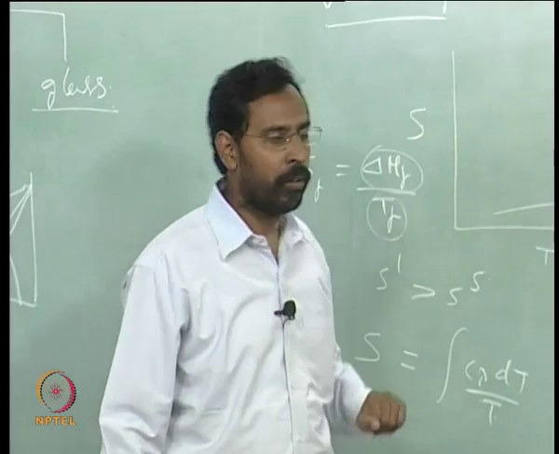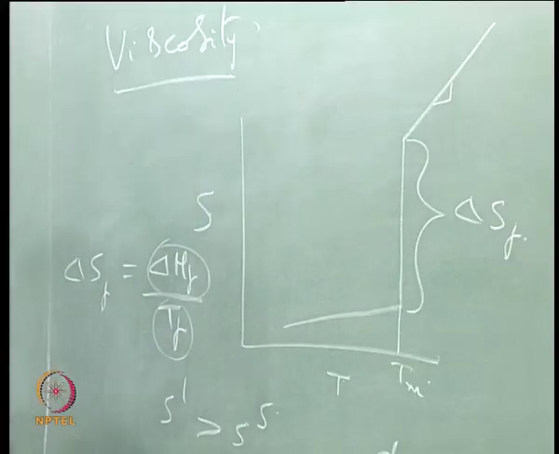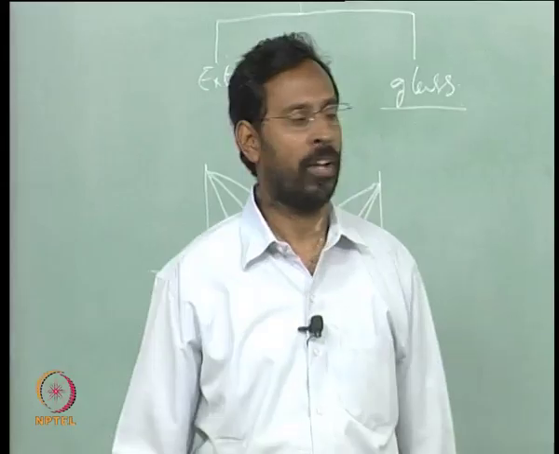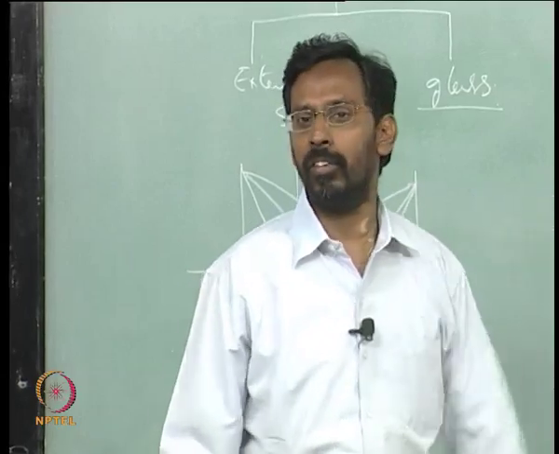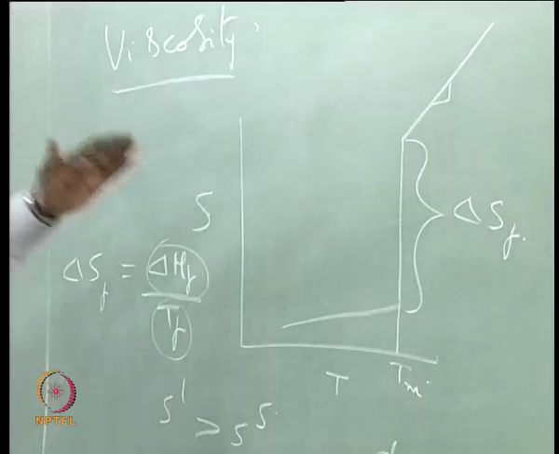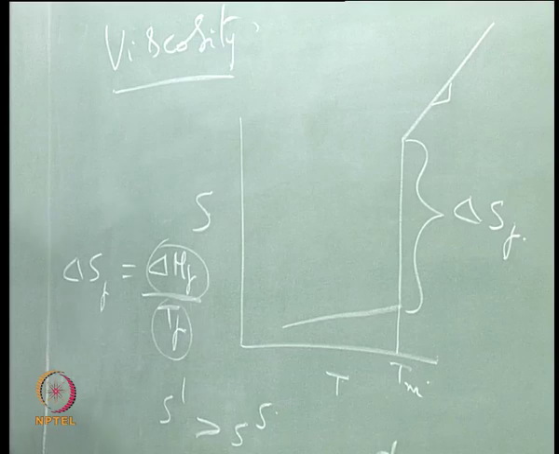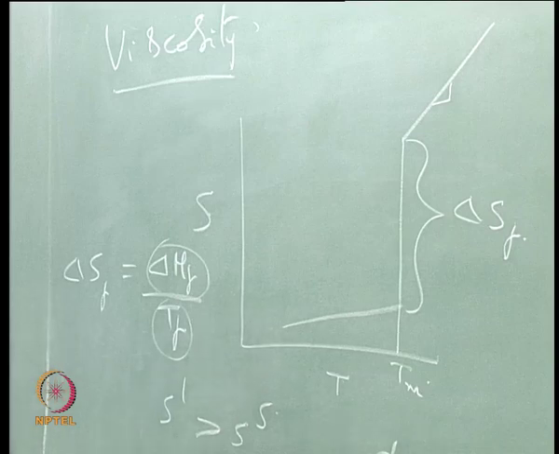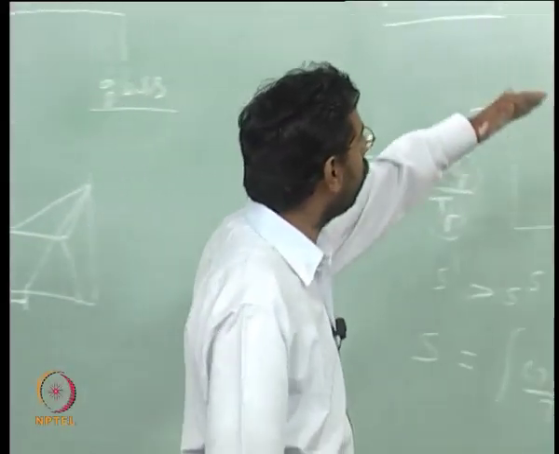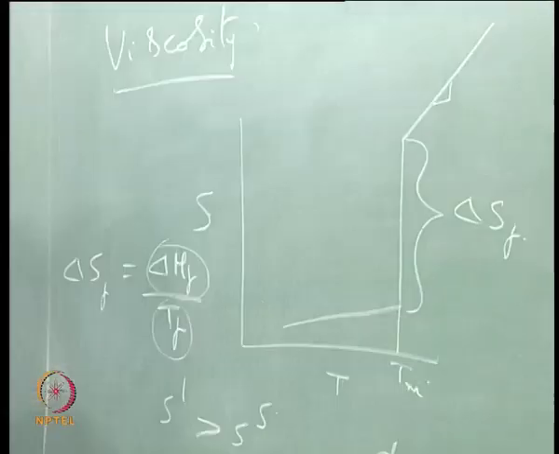Once I know that, now let us look at the nature of the two curves on the liquid side and on the solid side. Because the slopes are different, if I now undercool the liquid below the melting point, that means the liquid remains as liquid below the melting point, and its entropy can be treated as nothing but an extrapolation of this curve.